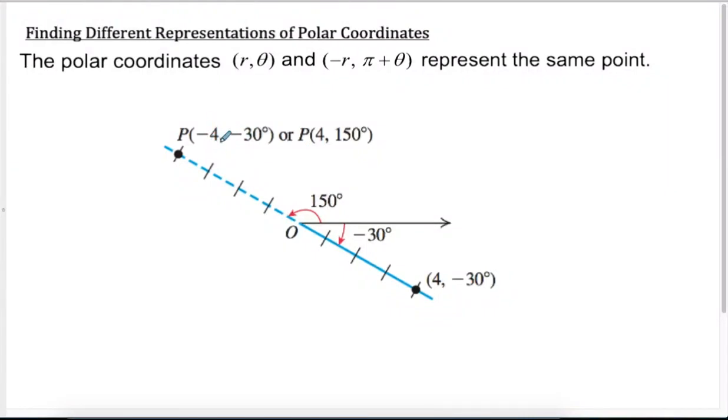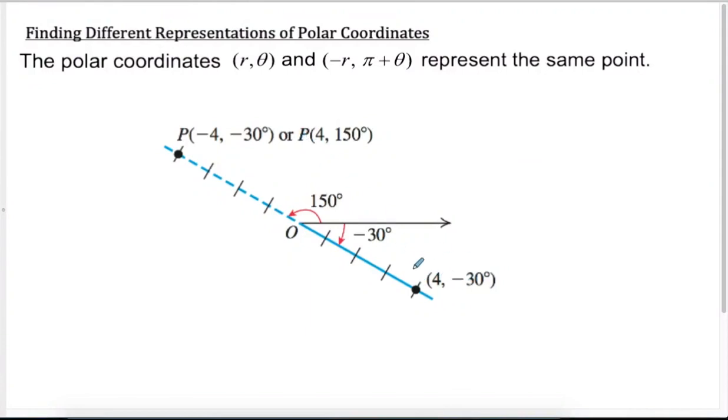So if I wanted to plot the point (-4, -30), I could go to find (4, -30) and then just go in the complete opposite direction, or rotate that 180 degrees. Now, to represent the same point using r and -r, if I flip the sign on r and add 180 degrees, that would be the same point.